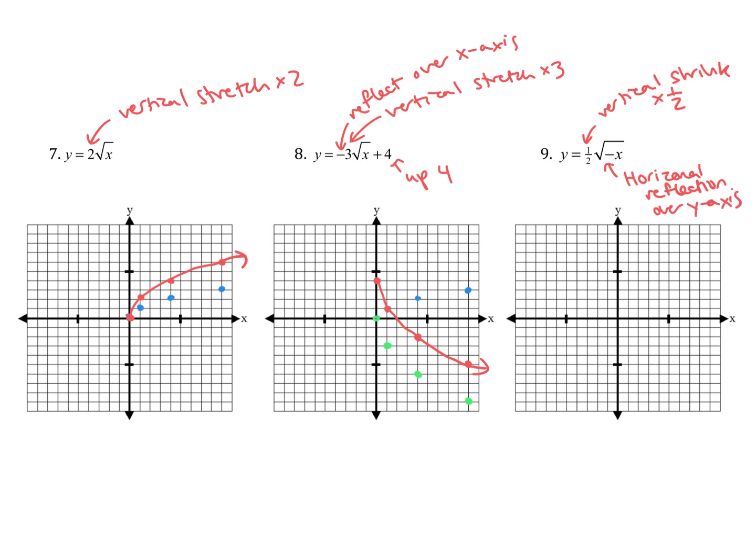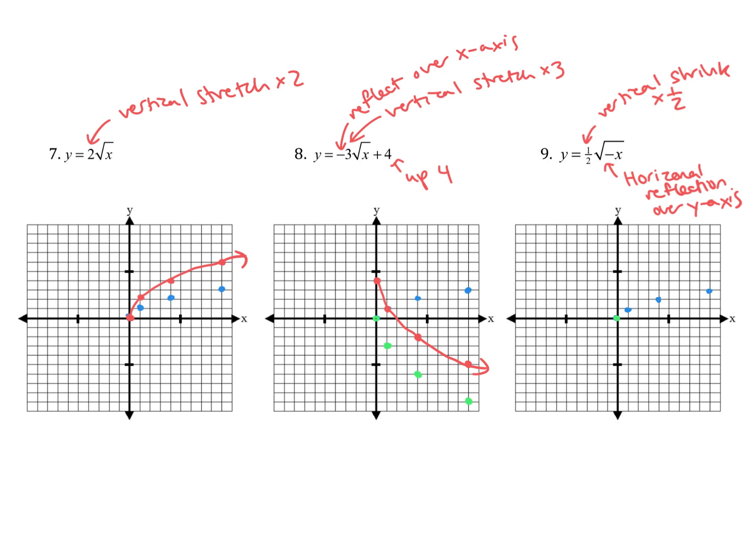I'll start with the parent function again real quickly. And I'm going to do these one at a time, and it doesn't matter which order I do them. Maybe I'll reflect it over the y-axis first.